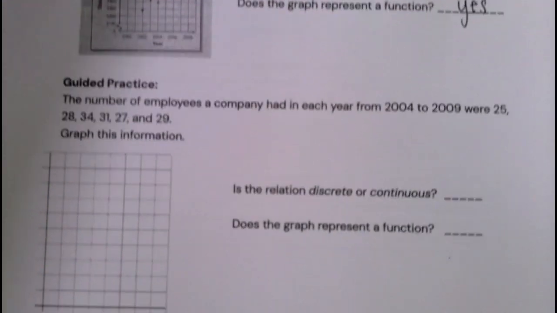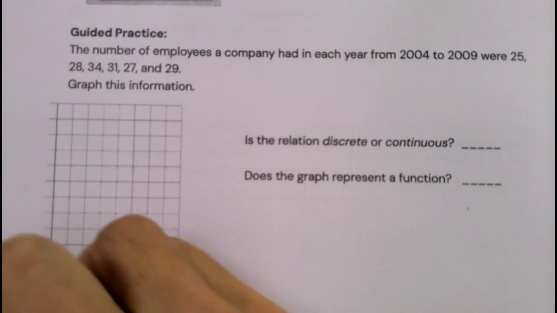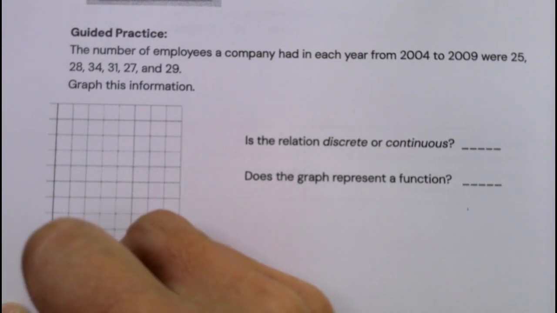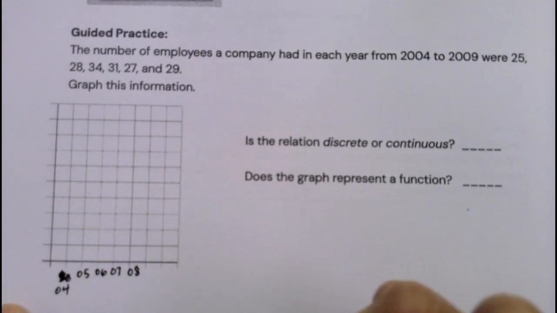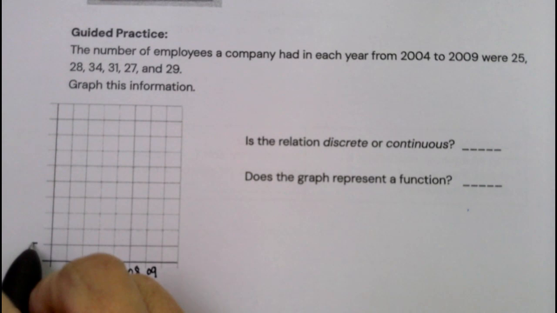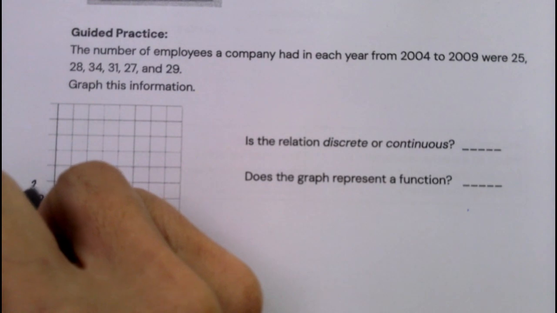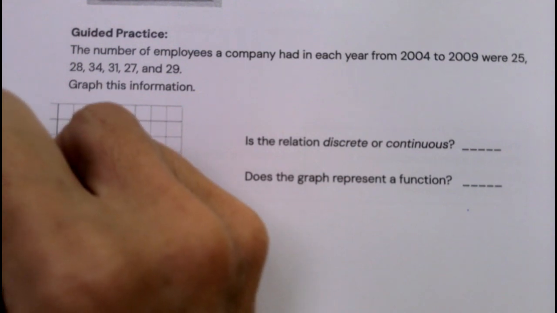All right, the one down at the bottom, guided practice. What I want you to do to graph this, it's going to be from 2004. Oh, I don't want to write the 20 because it's not going to fit. So I'm just going to write 04, 05, 06, 07, 08, and 09. And then if you count by fives here, I think we can go 4.